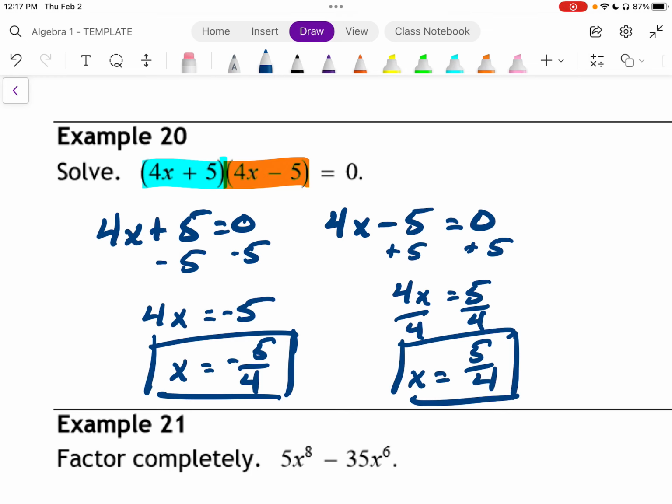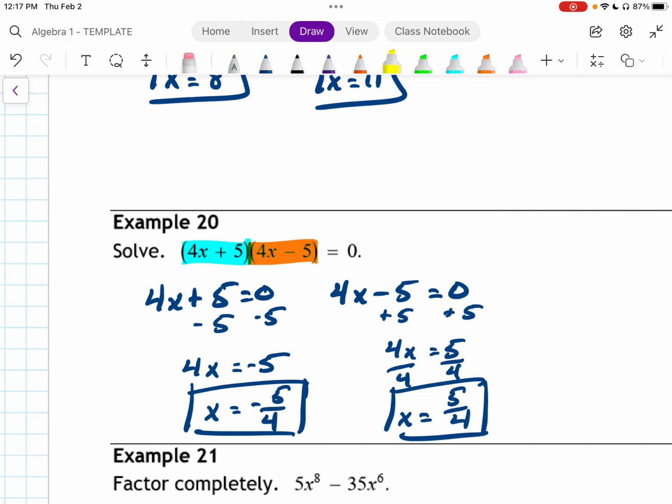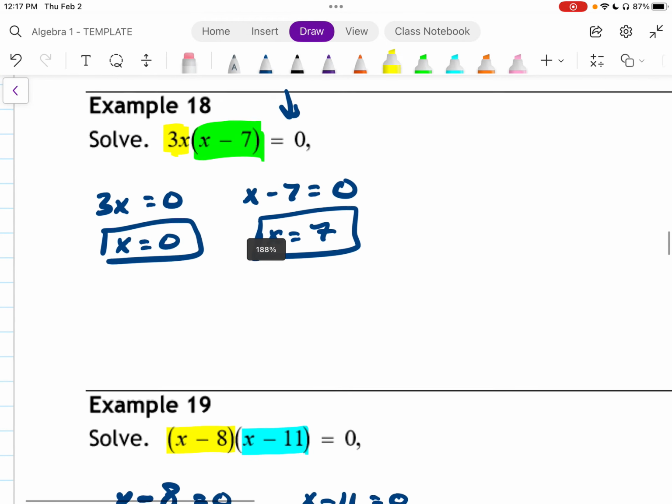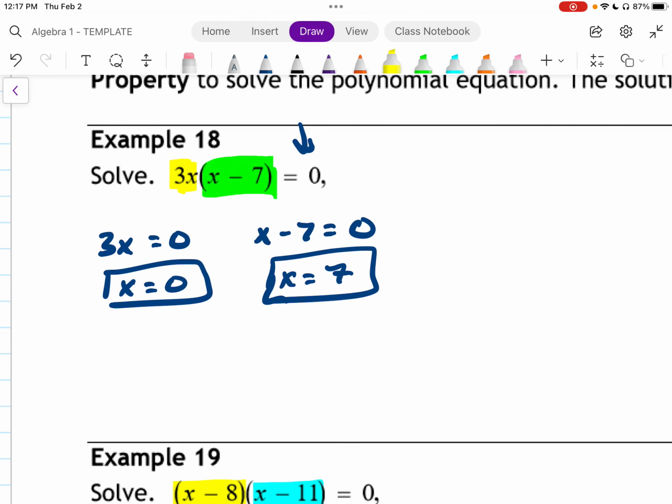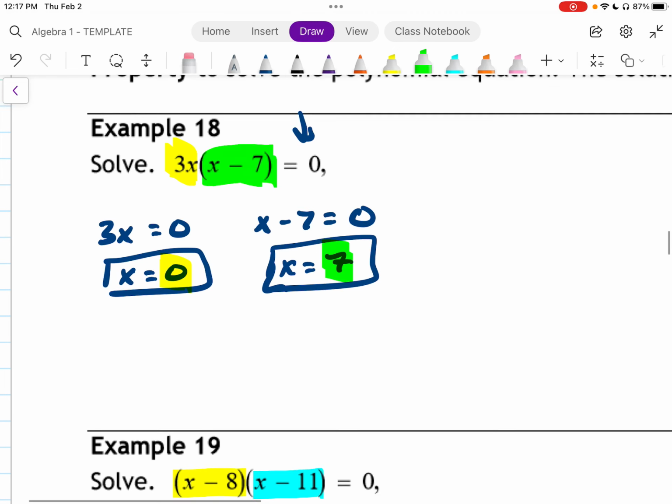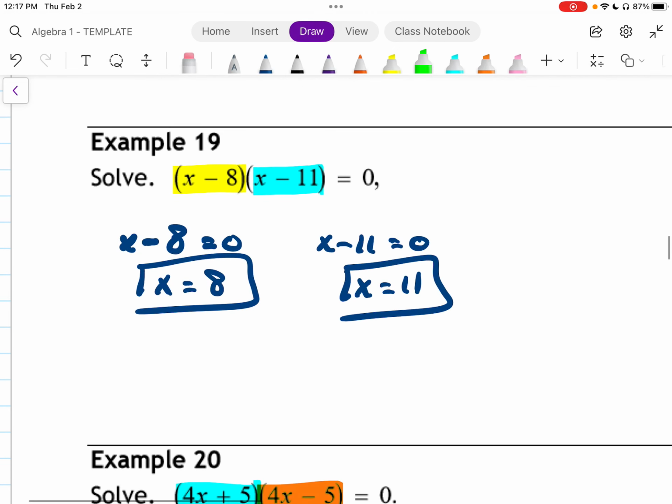There we go. Some patterns that we should see. On the first one, in the yellow piece there, we had an x by himself. We have a negative 7, and that gave us a positive 7. Okay, that's just a pattern. That would be something good to look at. Right here in the yellow, we had a -8, and our answer was a +8. -11, +11.